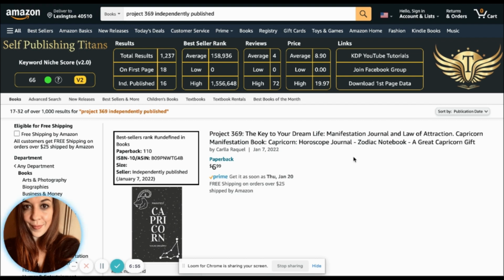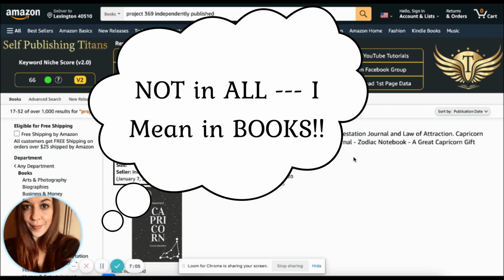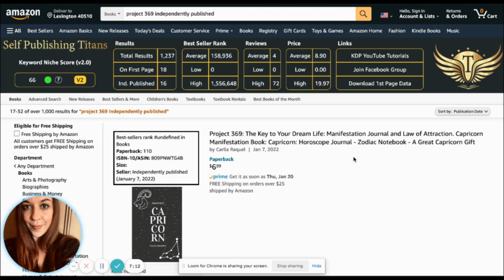So there are different reasons why there may not be books selling in a particular area, and that's worth investigating as well. And then when you go into all, you're going to see a lot more low content books, and you're going to be able to get a lot more ideas for keywords that you can write down, and you're going to come up with other niches, because often books in other niches will pop up that you'll be able to look at.